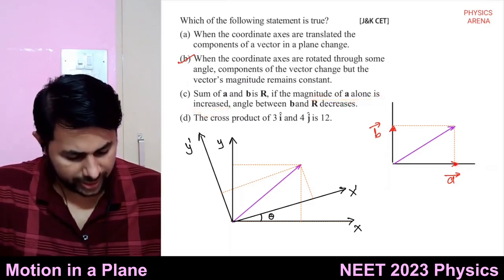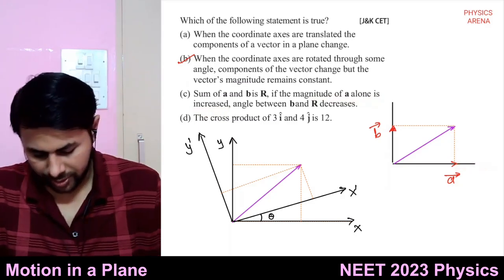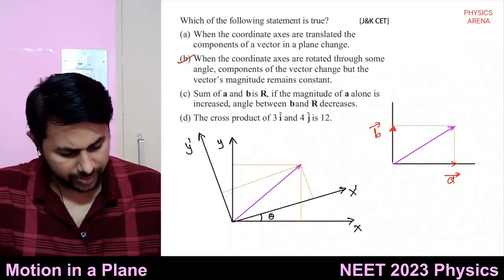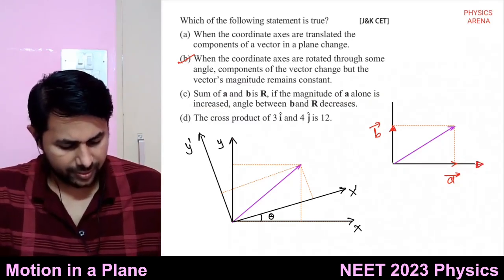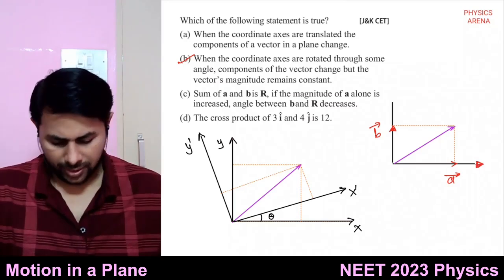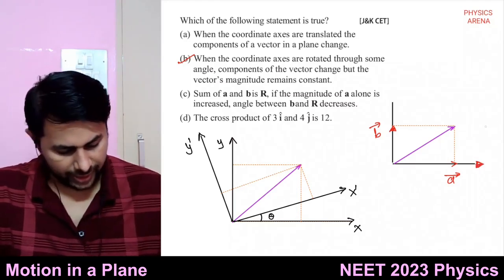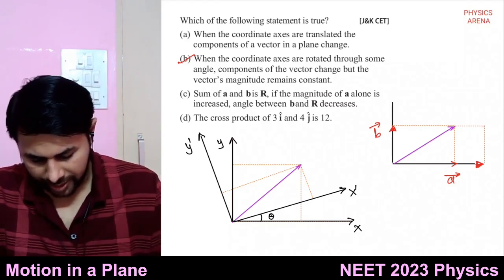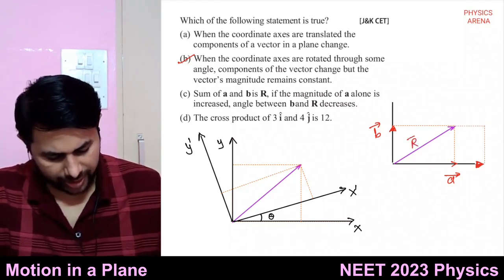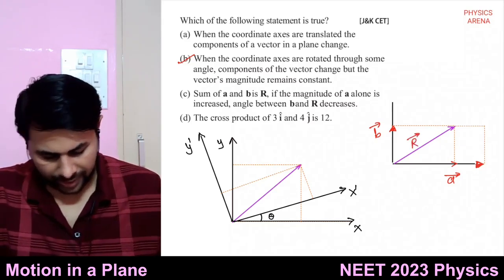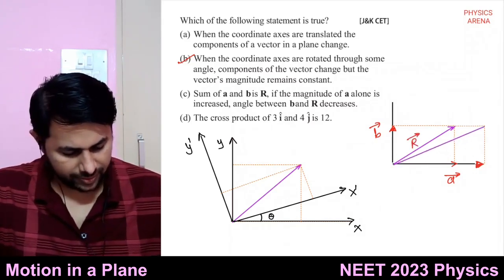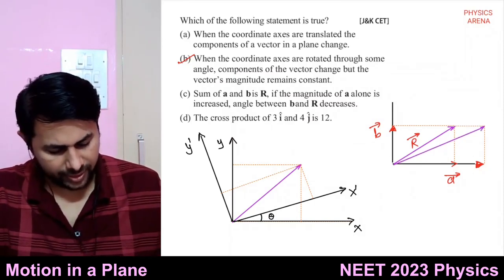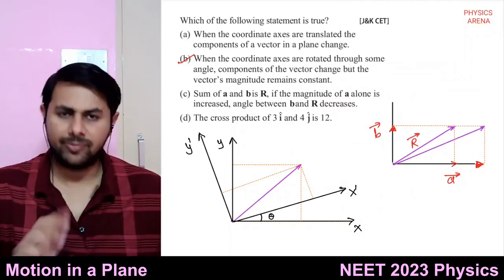Suppose your new A is this much. Now you can see what happens to the angle. This was your earlier R bar, and now your R bar becomes this one if you increase A bar and keep B bar as it is.